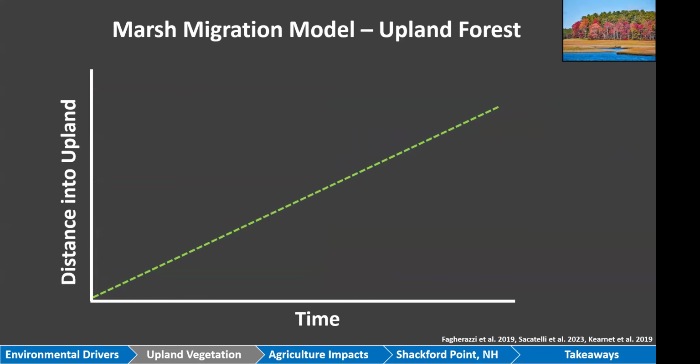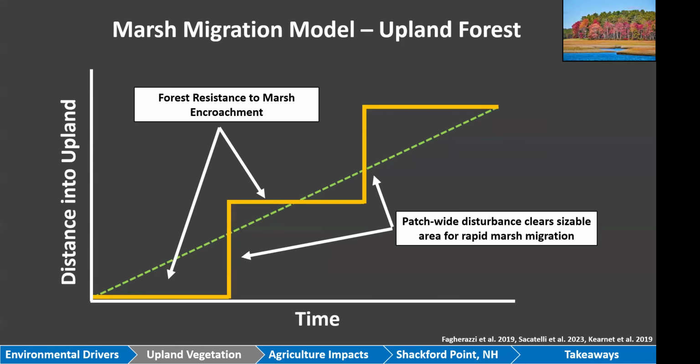In reality, in the past 10 years, we've done a lot of great studies actually using high resolution remote sensing or just general field monitoring. What we found is that, when it comes to a forest, there's actually forest resistance to marsh encroachment. So those environmental conditions might be right underneath a tree canopy. You might get enough flooding from time to time.